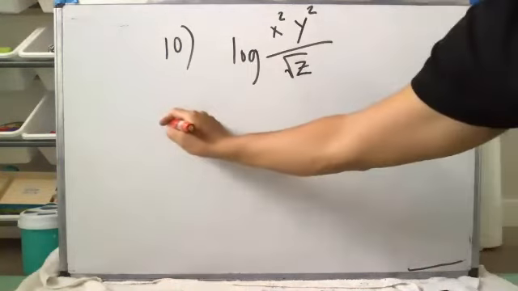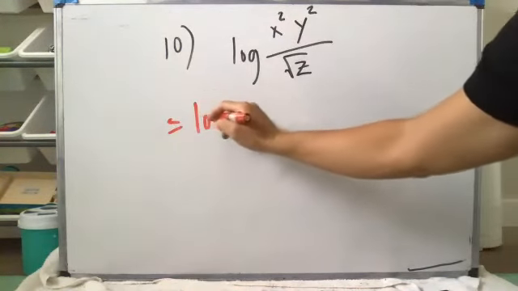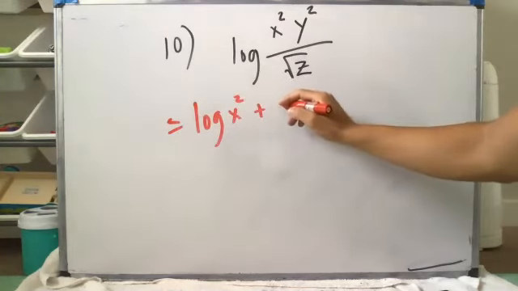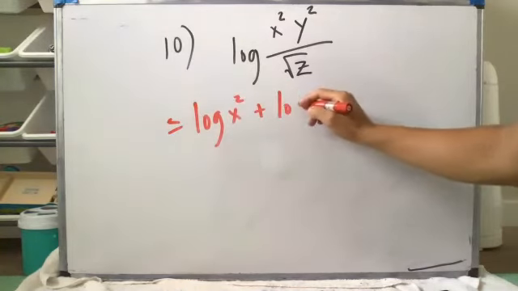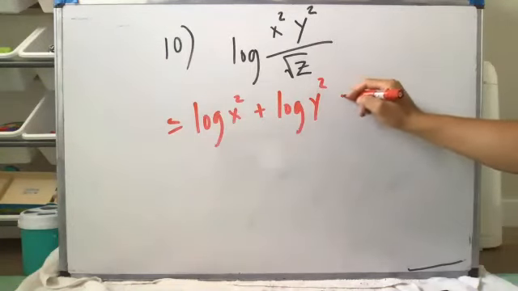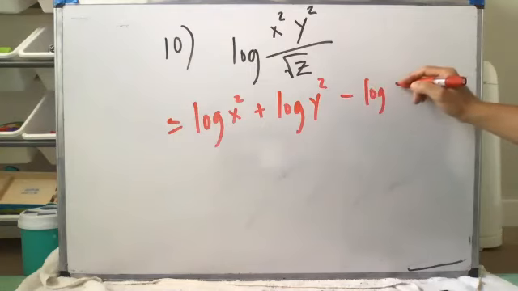The first split, I'm going to take the product is going to give me a sum of logs, right? It's log base 10 of x squared plus y squared, and then minus square root of z.